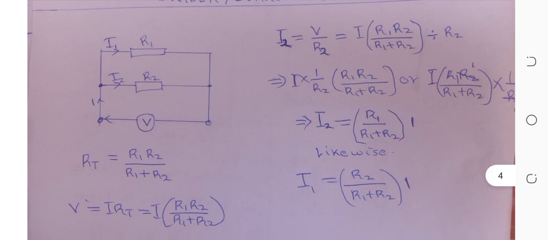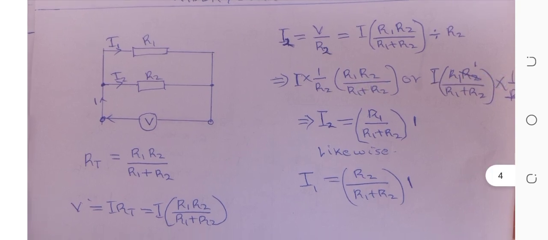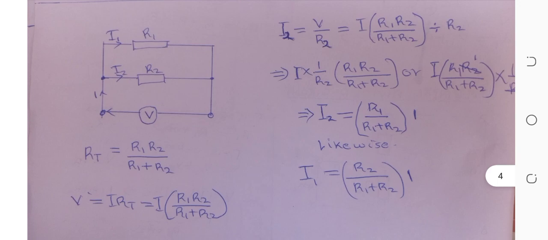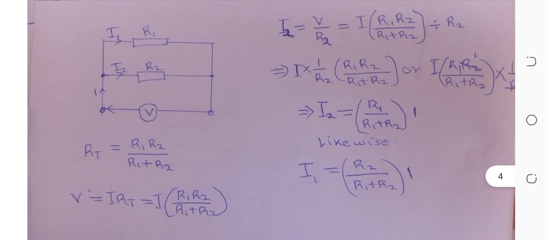Then the R2 is just on the same side where it was. So you find out that I2 is equal to R1 all over R1 plus R2, multiplied by the current.